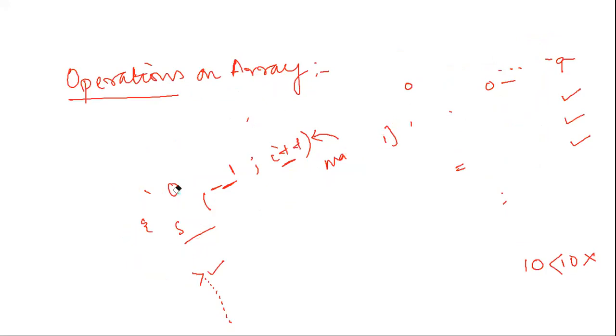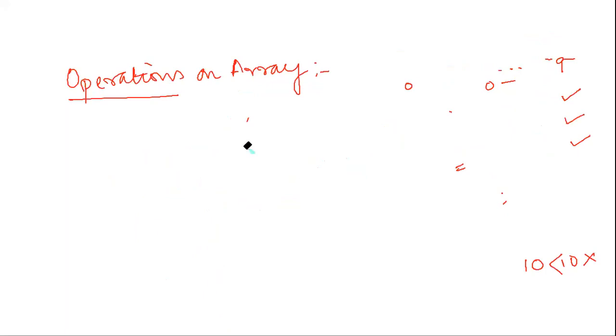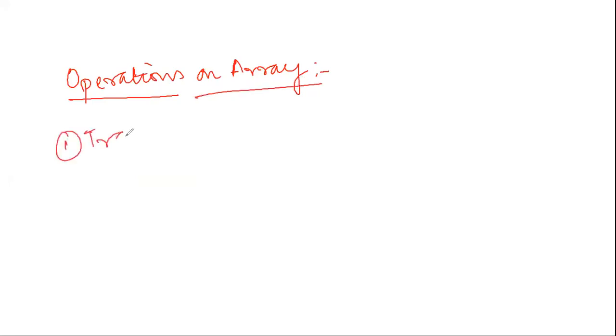Okay. So the several operations which can be performed on arrays, and the algorithms of those operations, we will be studying one by one. The first operation that can be performed on any array is traversing. We can go through the array.